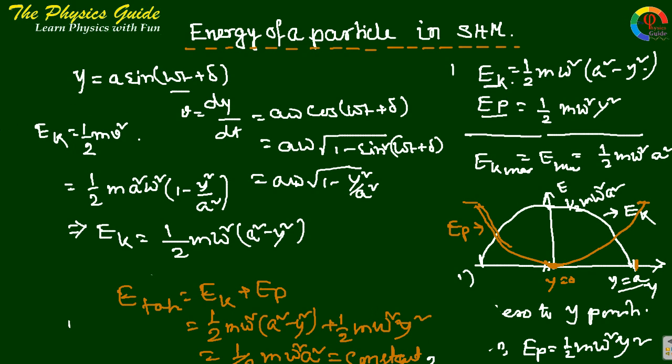So total energy is always constant. So we can plot total energy as half m omega squared a squared. This line gives the total energy, always constant with respect to y.